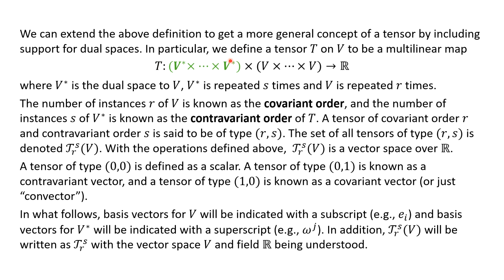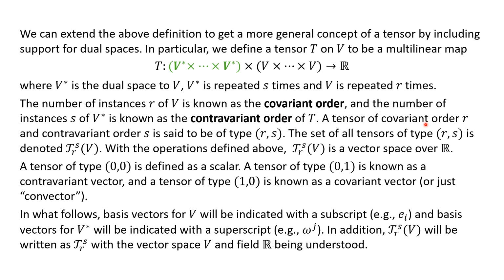So in green is what I've added to the definition from the previous slide, and as I stated, V star is the dual space of V. V star is repeated S times, and V is repeated R times. The number of instances R of V is known as the covariant order, and the number of instances S of V star, the dual space of V, is known as the contravariant order of T.